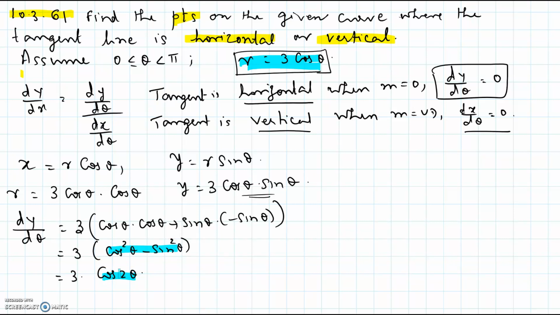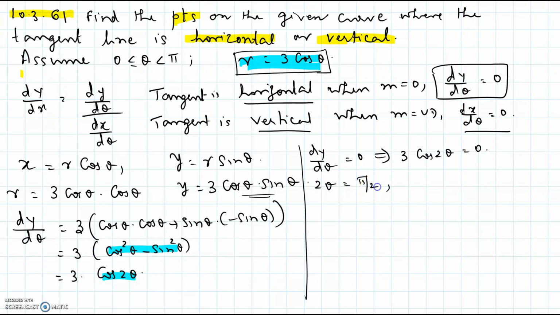Now dy by d theta equal to 0 means 3 times cosine of 2 theta equals 0, so 2 theta is either pi by 2 or 3 pi by 2.